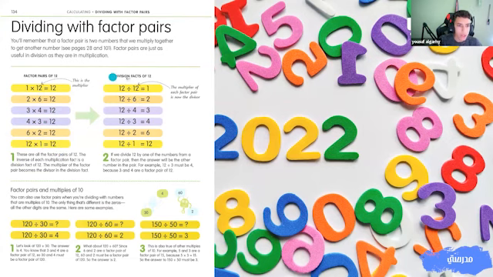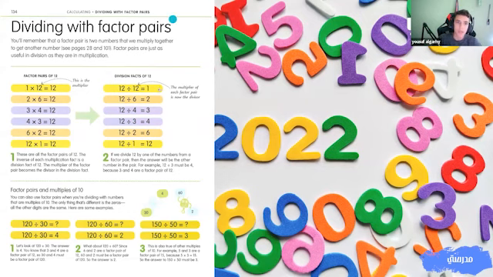And here we have the division facts of 12. 12 divided by 12 equals 1, 12 divided by 6 equals 2, 12 divided by 4 equals 3, 12 divided by 3 equals 4, 12 divided by 2 equals 6, and 12 divided by 1 equals 12.